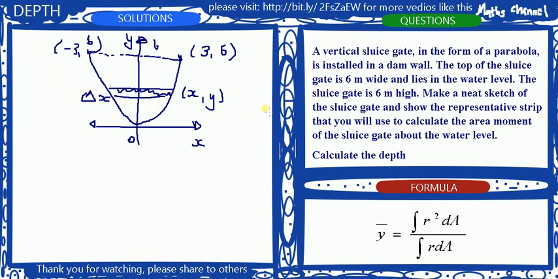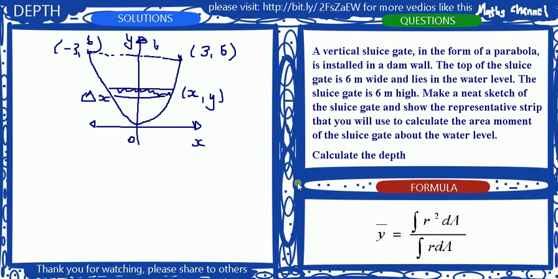So now we are given this coordinate, so now we have to find the equation, because they said we might have to calculate the depth. So the equation of the depth is this one, the formula. You have to use this formula.